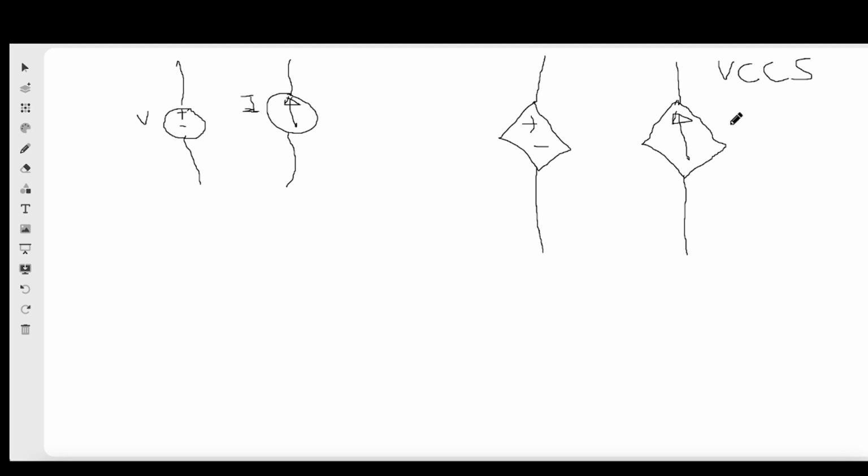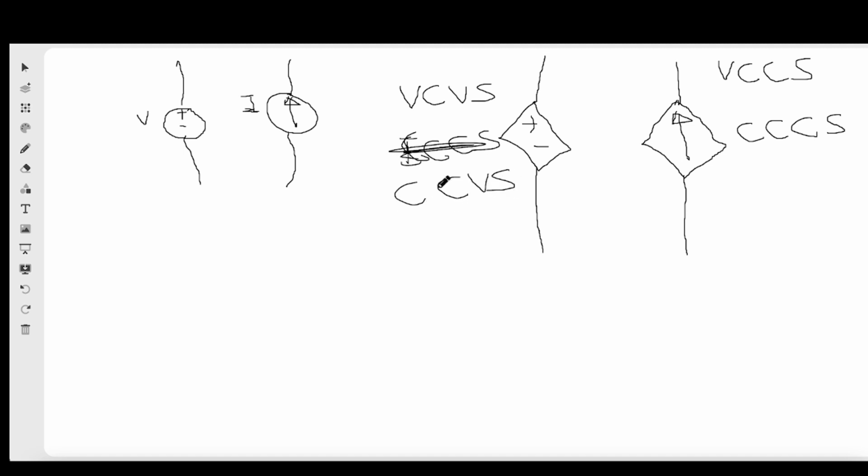But if it depends on current, we say that it's a current controlled current source. This one, if it is dependent on voltage, you say that it's a voltage controlled voltage source, and if it is dependent on current, you say current controlled voltage source.